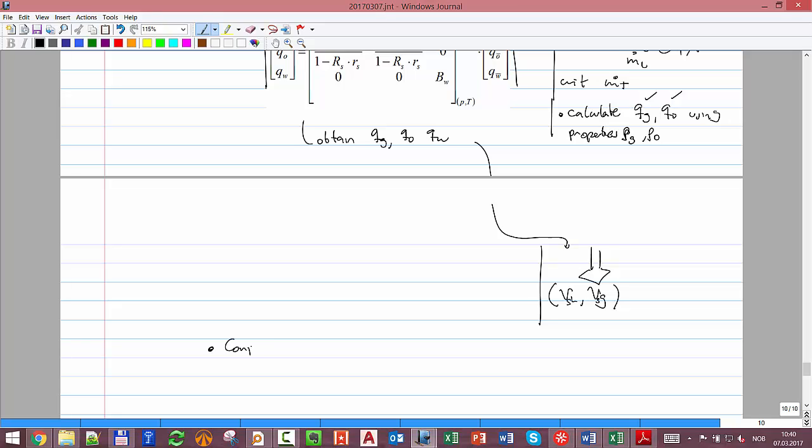Then we compute. So with the input, which typically is VSL, VSG, you also have the diameter of the pipe, the inclination of the pipe, the roughness of the pipe, then the properties rho L, rho G, BG, BL, the interfacial tension of oil and gas.